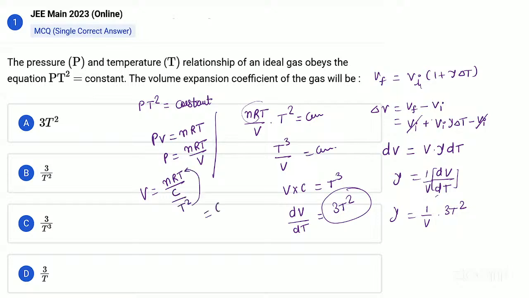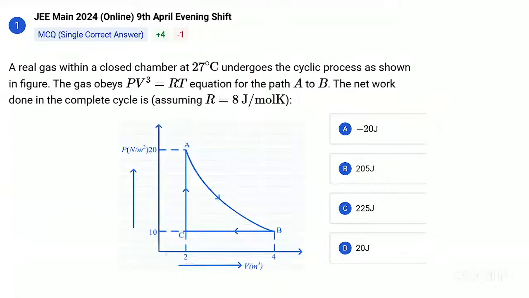So it is nothing but constant into T cube. ठीक है. So वॉल्यूम का वैल्यू कितना हुआ? 1 upon constant into T cube multiplied by 3T square. So this T square will cancel out. So it will be 3 upon T. If I remove this constant, it will be 3 by T. Now this one.